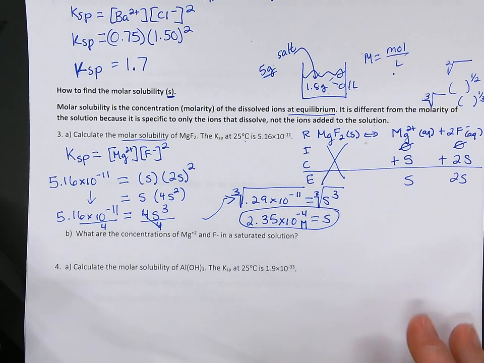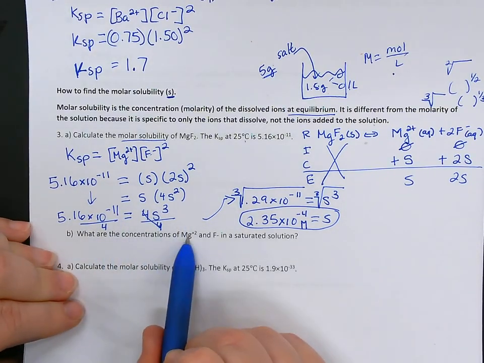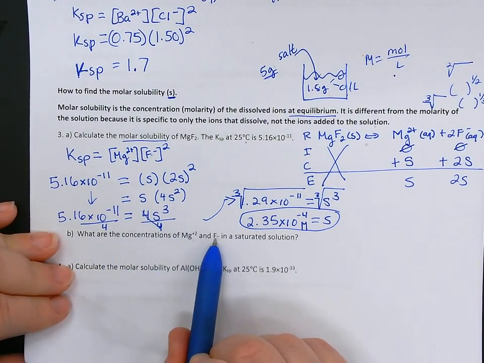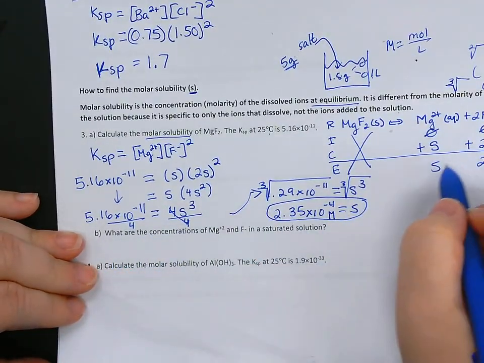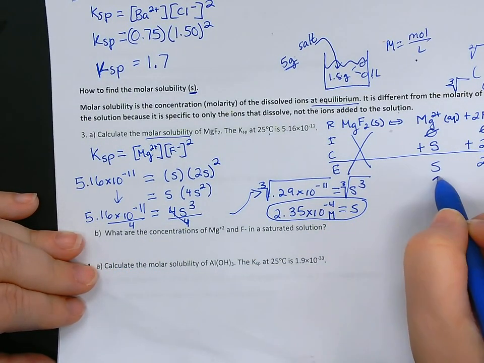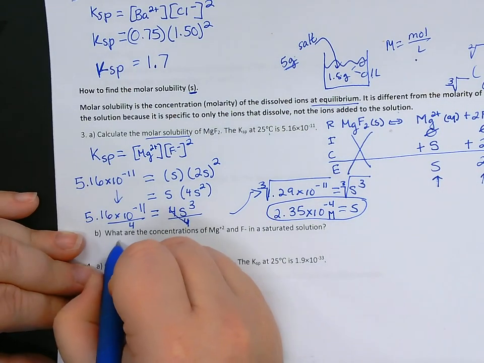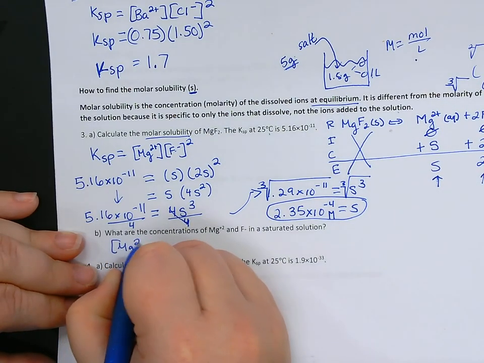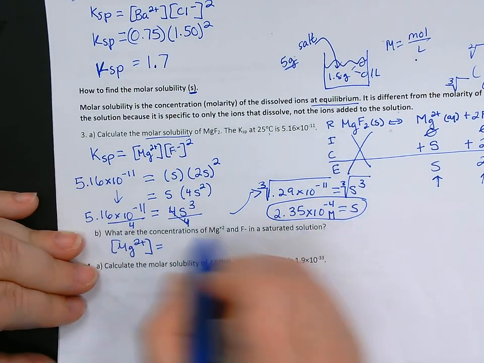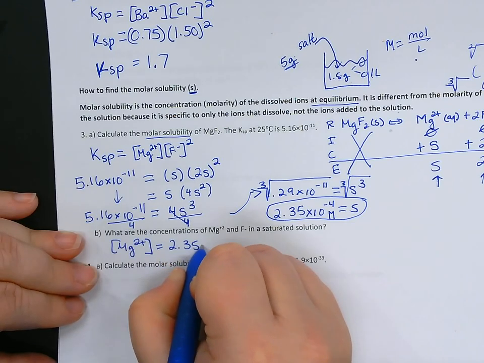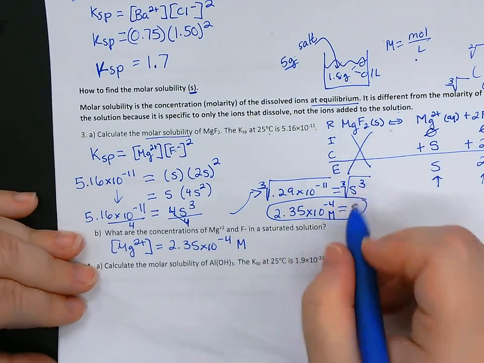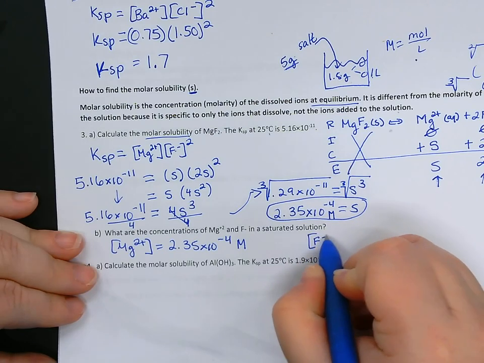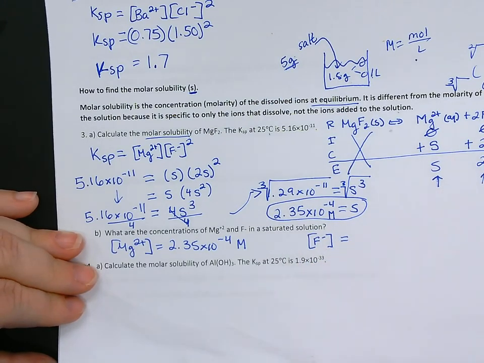Okay. Now it says, what are the concentrations of Mg2+ and F minus in the saturated solution? So our concentrations at equilibrium are right here, S and 2S. So the concentration of magnesium is the same as our S value, 2.35 times 10 to the negative 4th molar. And my concentration of F is 2 times that.